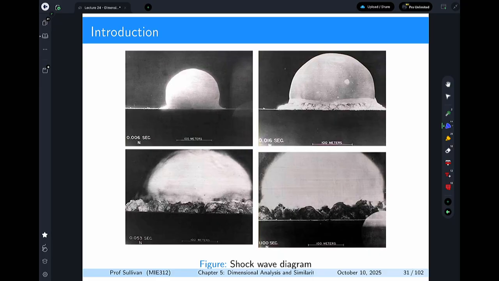And you can see that breakdown as the explosion spreads out from 0.006 to 0.016, this initiation. So the bomb blows up, there's a large mushroom cloud, and then it starts to spread. That's the information he had, and that was publicly available.